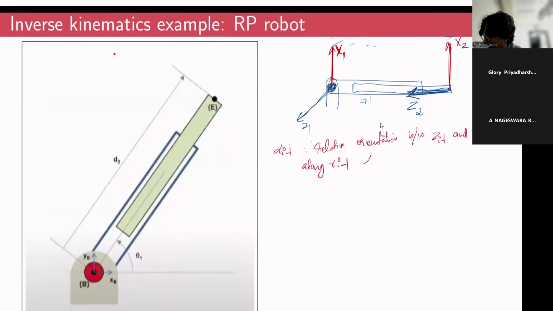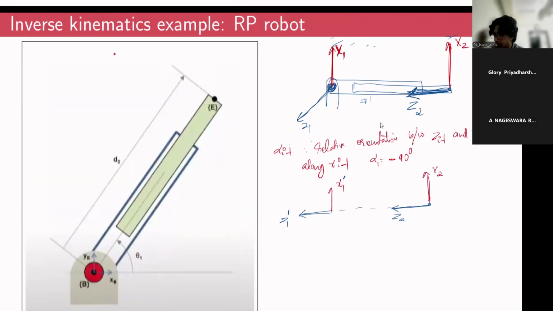So if alpha 1 is minus 90 degrees, once you do the transformation, x1 would still be the same, but Z1 now becomes something like this. New Z1, I'll denote it as Z1 dash. X1 remains the same because we are rotating about x1 only. The other joint, Z2, would be like this, and x2 would be vertically up.